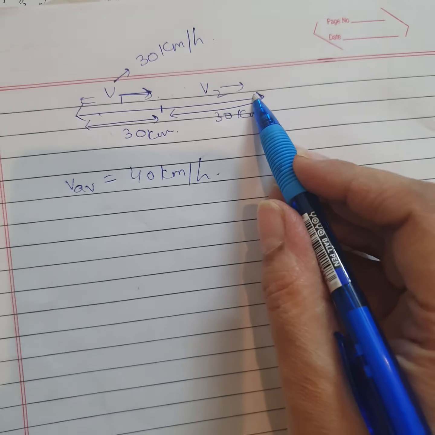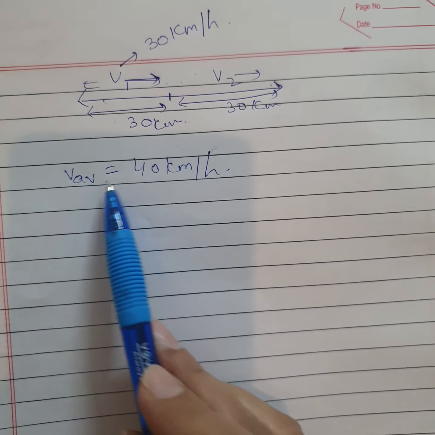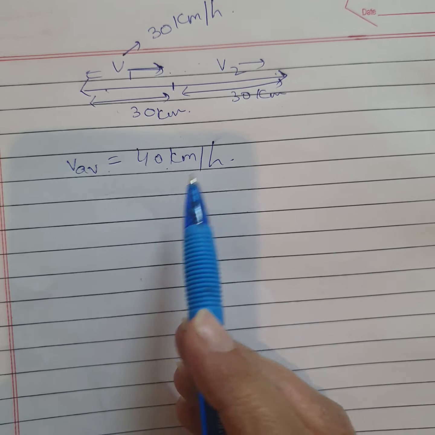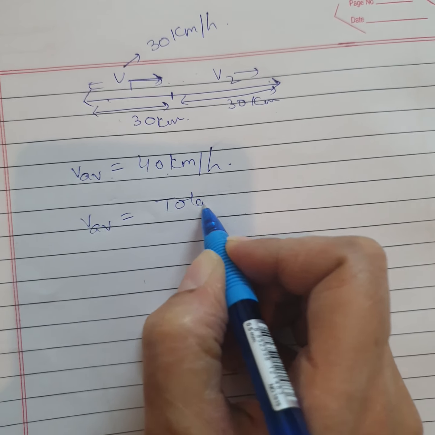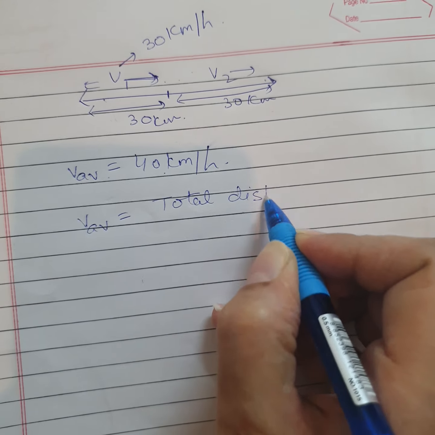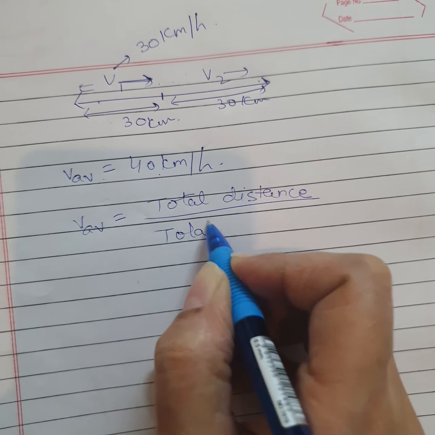Now we are going to calculate v2. The formula for average speed is total distance upon total time.